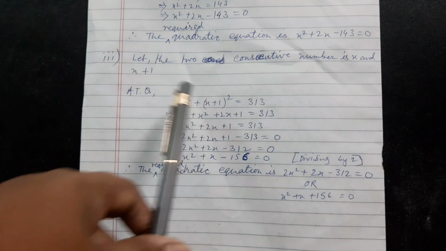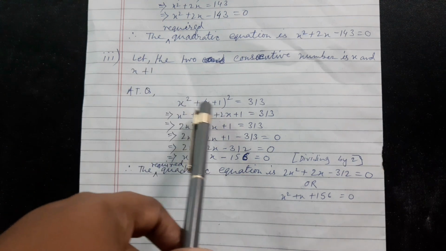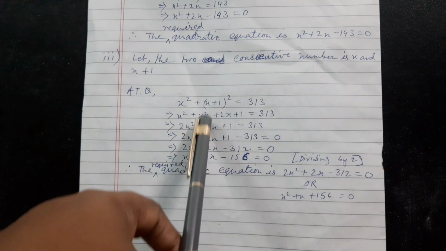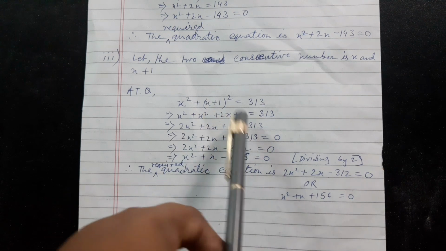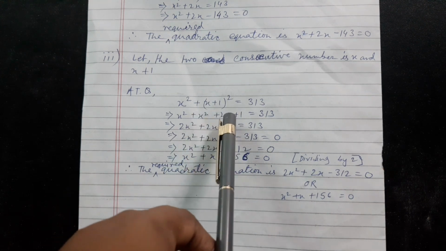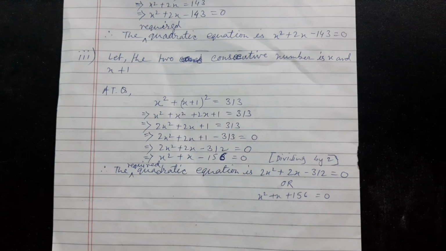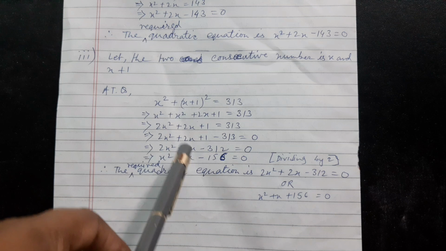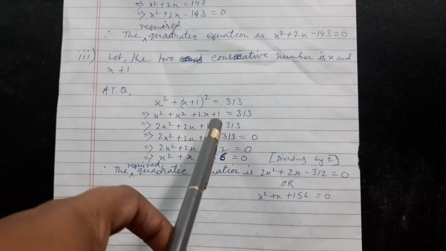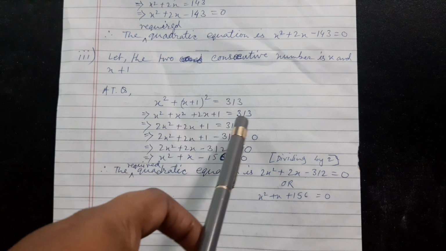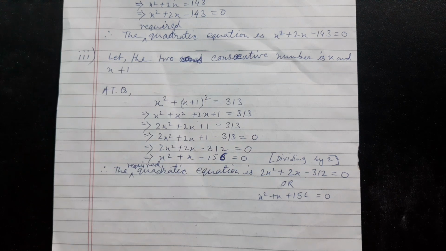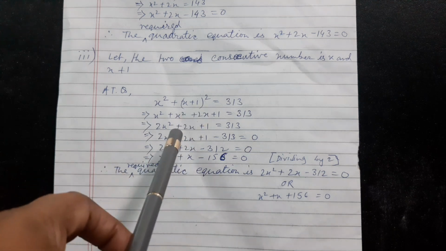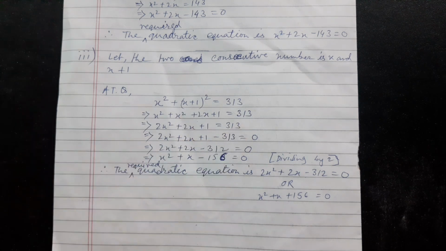Now remove this bracket. This is the (a plus b) whole square formula. So we can write x square plus 2x plus 1 as it is a square plus 2ab plus b square. Now we will get x square plus x square plus 2x plus 1 equal to 313. x square plus x square means 2x square plus 2x plus 1 equal to 313.